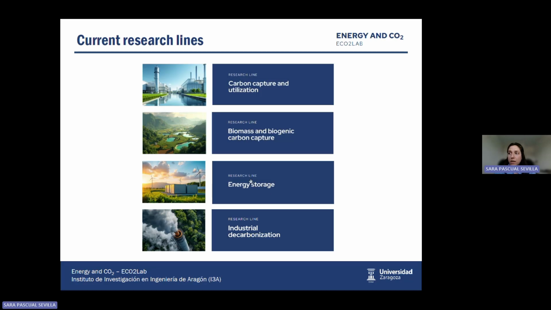The third one is the research line based on energy storage to provide flexibility and stability to the energy systems, enabling the integration of the intermittent renewable sources. And the last one, which is the industrial decarbonization to drive deep emissions reductions across the hard-to-abate sectors through electrification, indirect electrification, process innovation, and also circular carbon strategies.